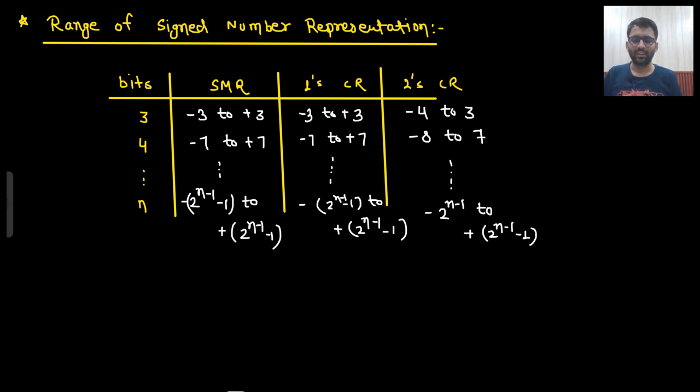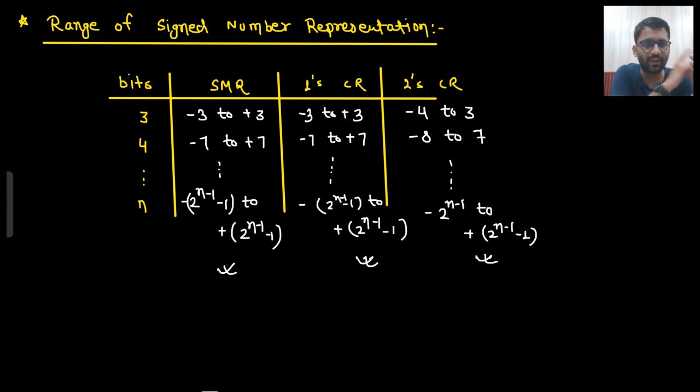Okay. So these formulas you need to keep in mind. You don't need to mug it up. If the concept is clear, you will keep it in mind. So this was the representation of signed numbers. We saw SMR, 1's complement and 2's complement. I hope you are not confused and everything is crystal clear.